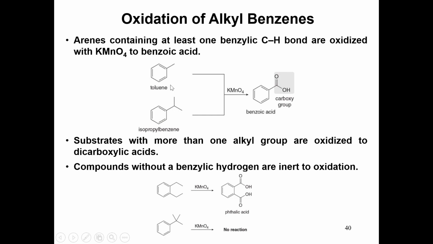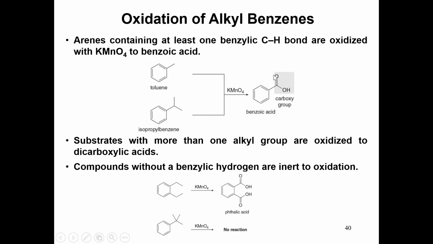So regardless of the variation of this alkyl group, it could be just a simple methyl, could be isopropyl, or could be ethyl, like in this case, actually two ethyl groups here. The oxidation reaction always gives a carboxylic acid, benzoic acid.